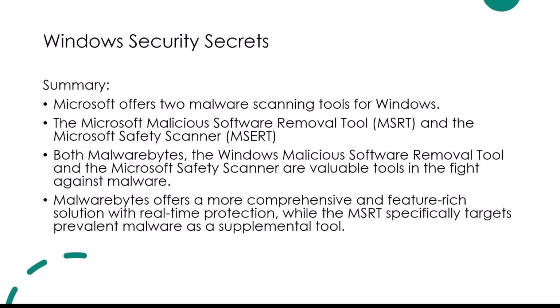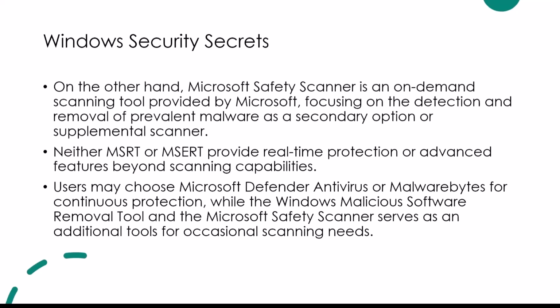Malwarebytes offers a more comprehensive and feature-rich solution for real-time protection, while the MSRT specifically targets prevalent malware as a supplemental tool. On the other hand, Microsoft Safety Scanner is an on-demand scanning tool provided by Microsoft, focusing on the detection and removal of prevalent malware as a secondary option or a supplemental scanner.